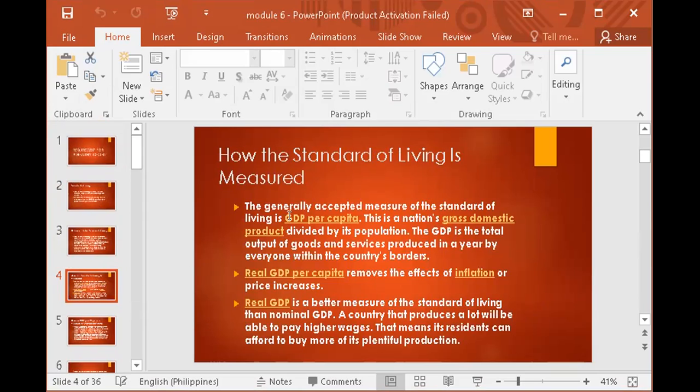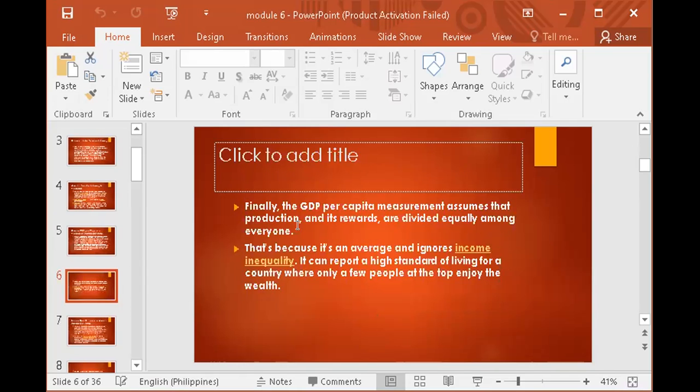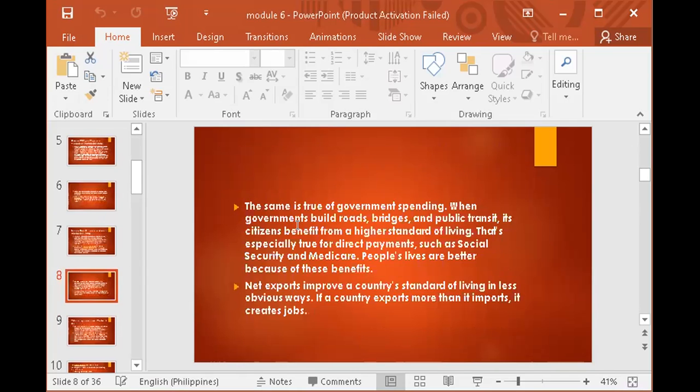So yung tinatawag natin gross domestic product per capita ng isang bansa. It is divided among the populations, and then the result of that is the standard of living ng mga nakatira sa isang country.